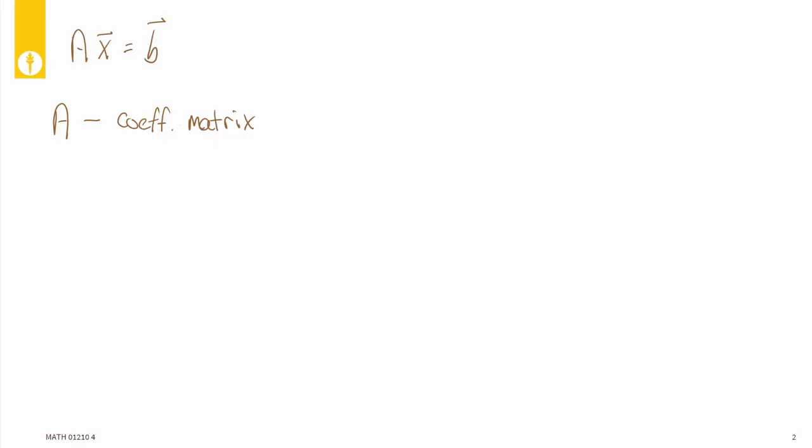Each row represents an equation in the system. x is just your vector of unknowns. b is what's known as your constant vector.